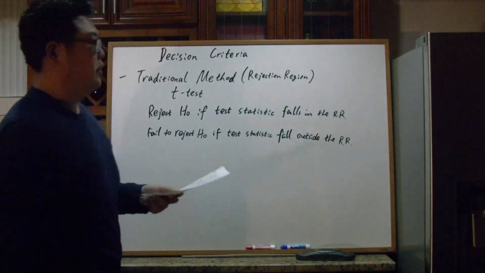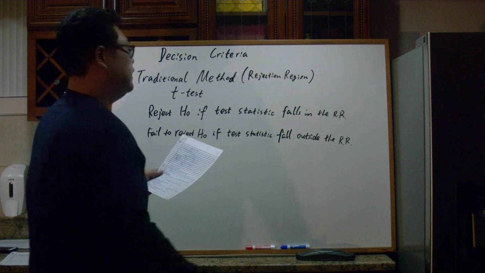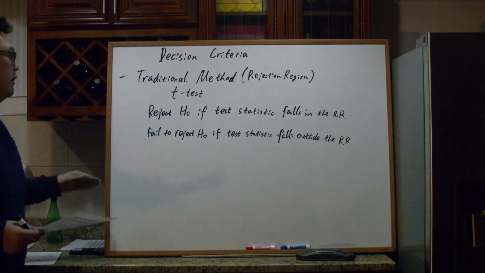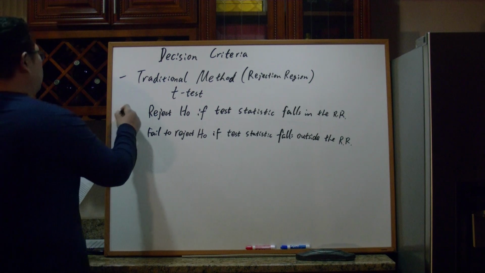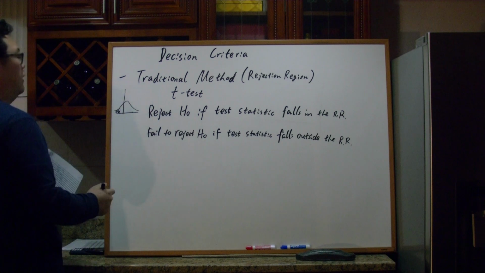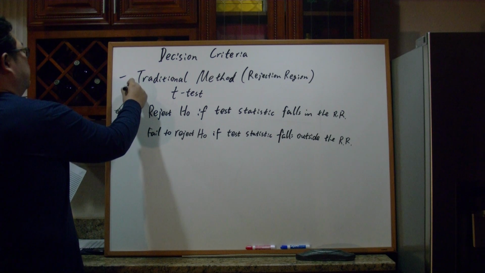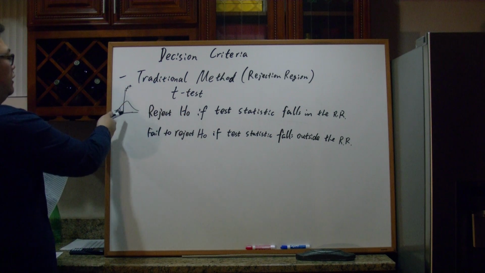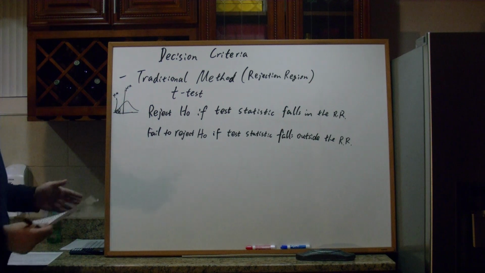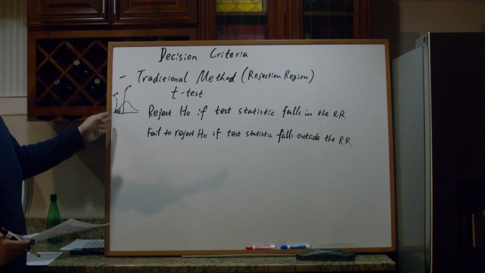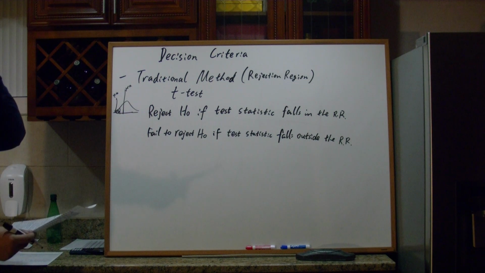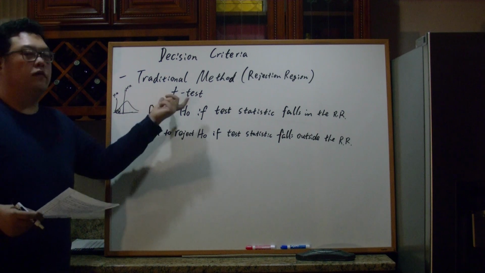If it does not fall in the rejection region, or falls outside the rejection region, we fail to reject. If it is inside the rejection region, which is the shaded area, then we are rejecting the null hypothesis. Two different cases, and usually we use this for the t-test.